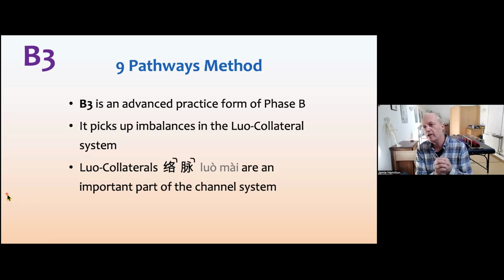And just a reminder, we have Luo points on the primary channels. For instance, lung 7 is the Luo point for the lung channel, the point that opens and can take away stagnation in that Luo channel for the lung.